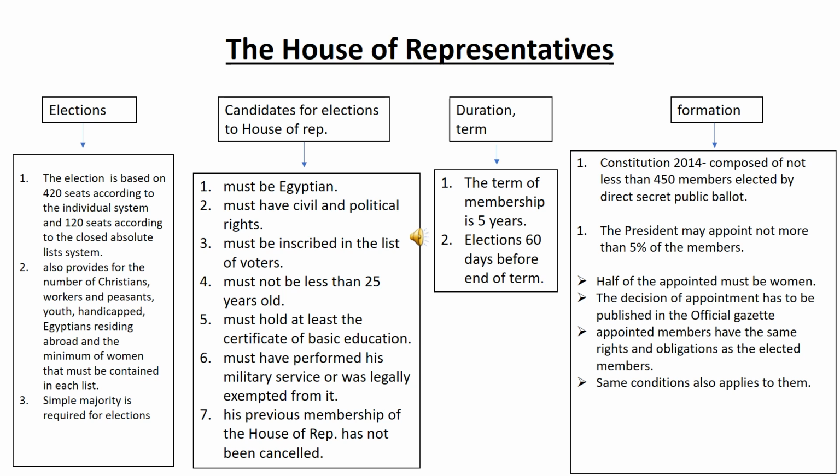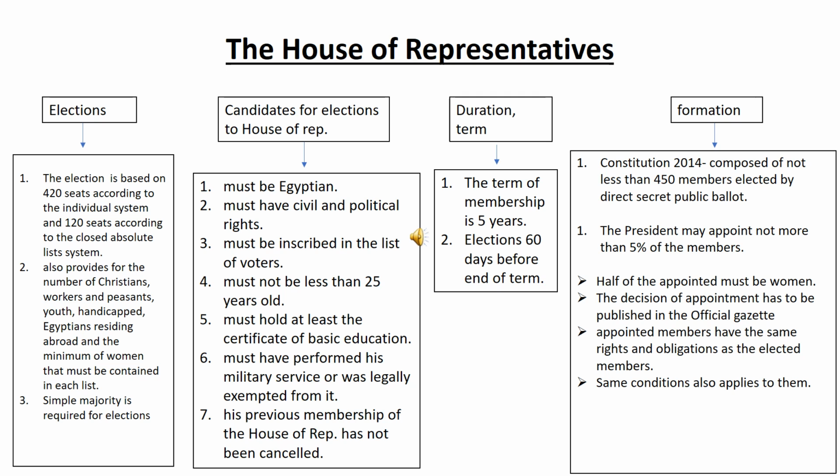The election is based on 420 seats according to the individual system and 120 seats according to the closed absolute list system. This means that we basically have two systems of election.